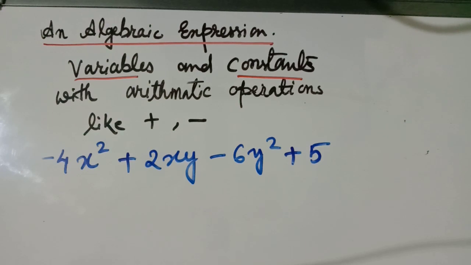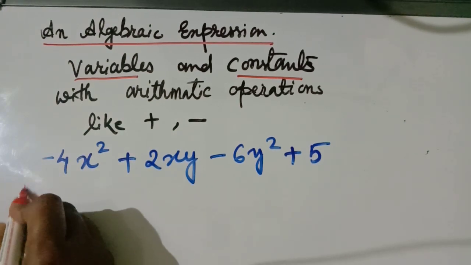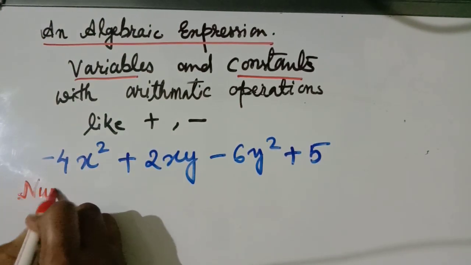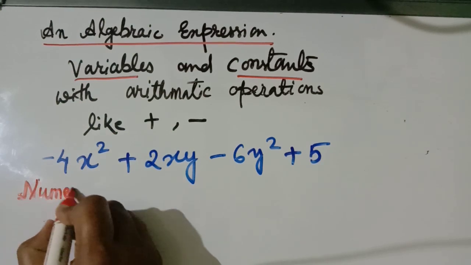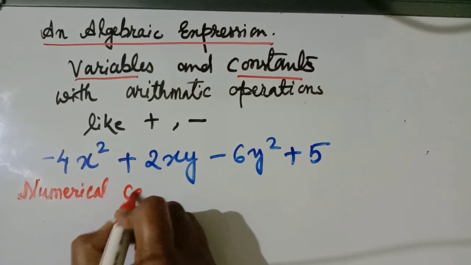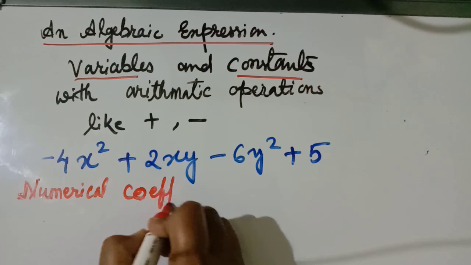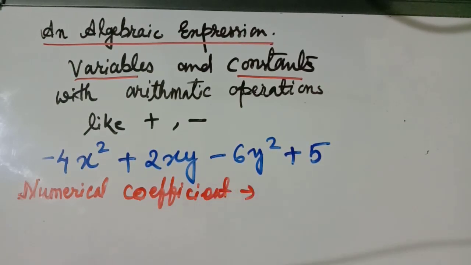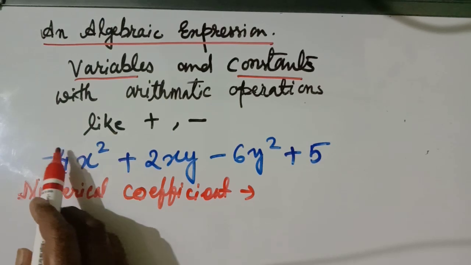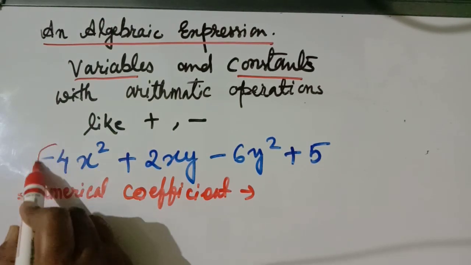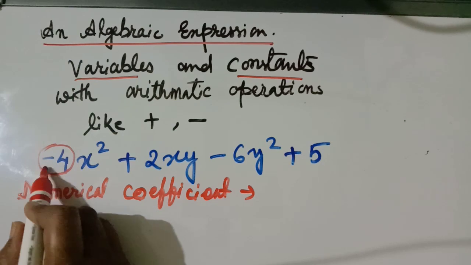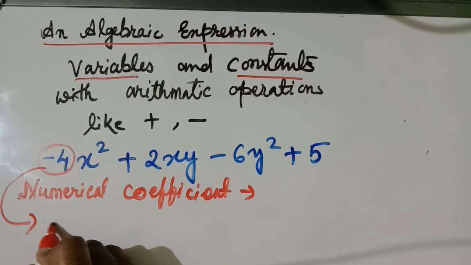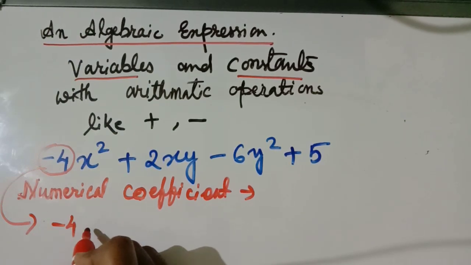Now there is a new term, known as numerical coefficient. So what is a numerical coefficient? It is the number. You can see this is a number in minus 4x square. So in this term, minus 4 is the numerical coefficient.